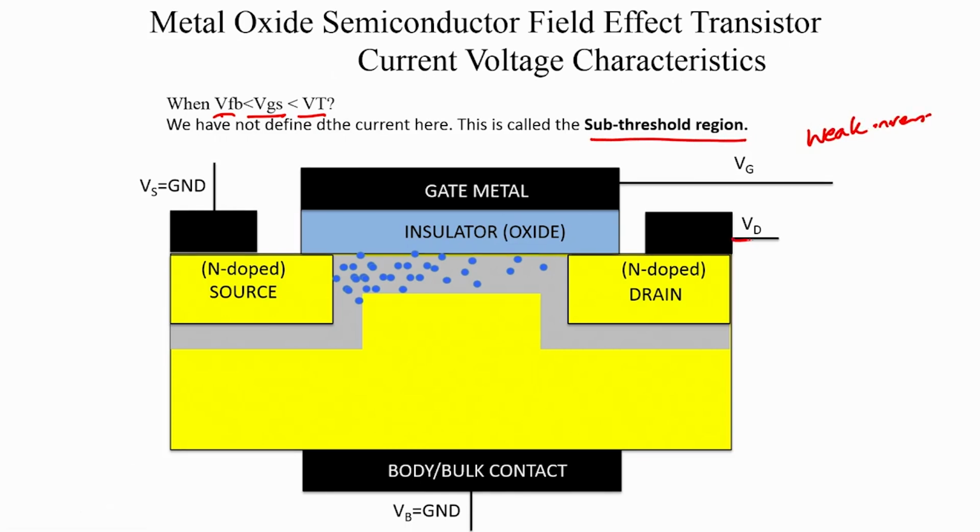Now, as long as you have a VDS, you do have a current, but we need to be careful about how we model this current. In the case of inversion, we had a complete electron channel connecting the source to the drain.